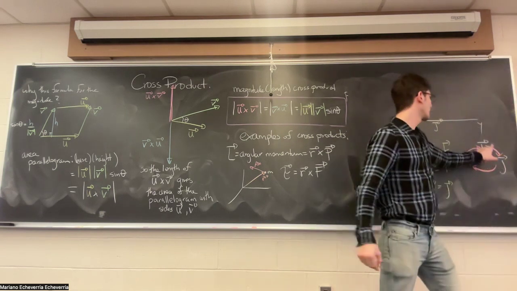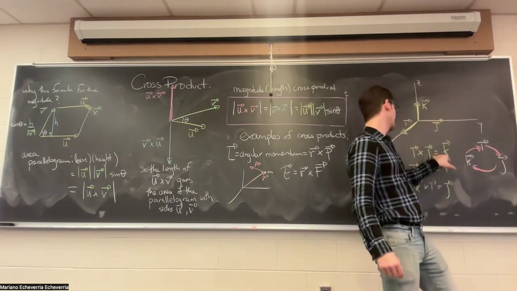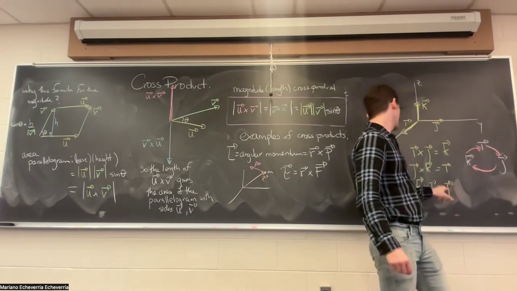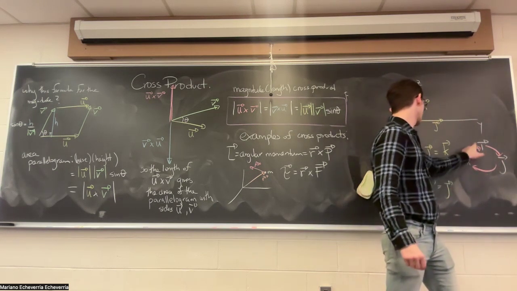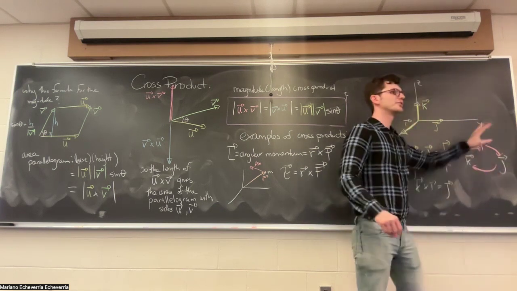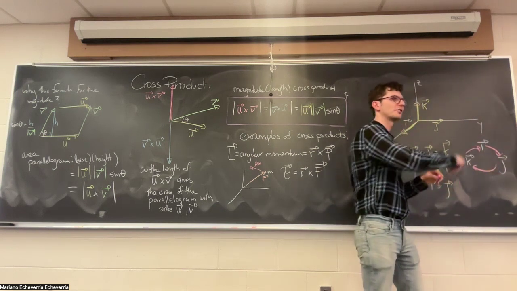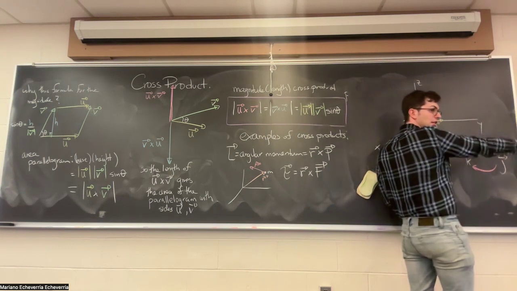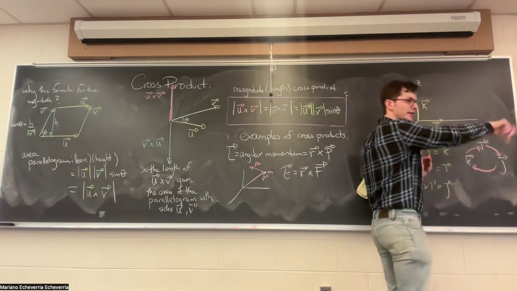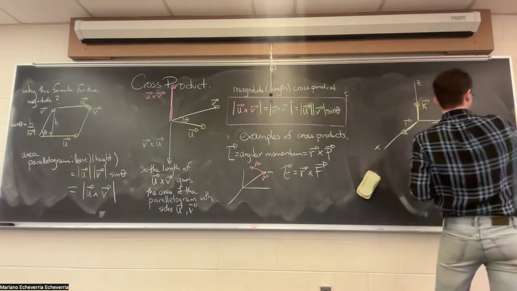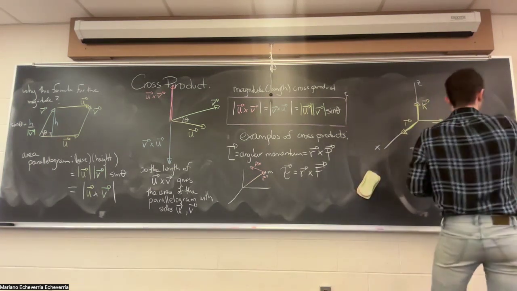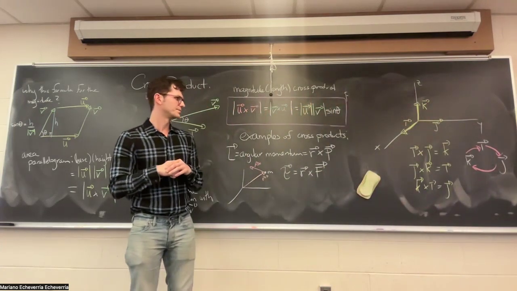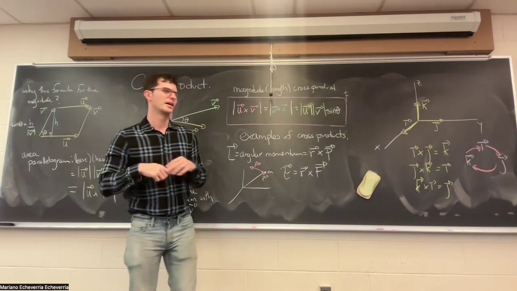So i cross j gives you k, then j cross k gives you i, and then k cross i gives you j. When you move clockwise and do the cross product following the order, the result is the remaining third one in that order. It's a cyclic order, as it's sometimes called. That's an easier way to memorize them.